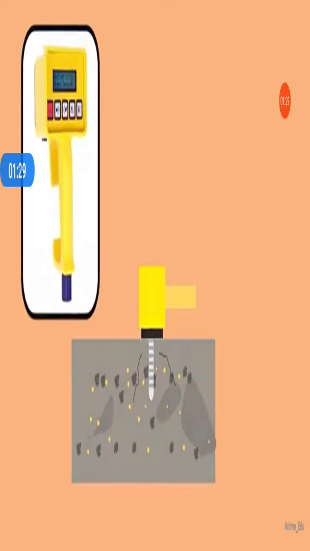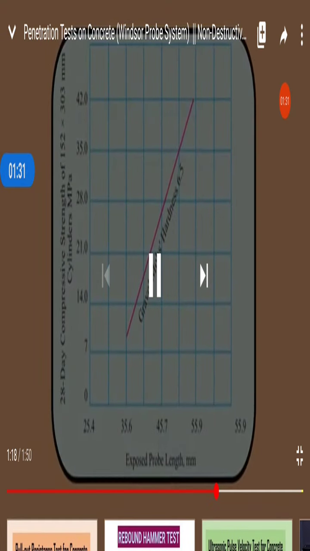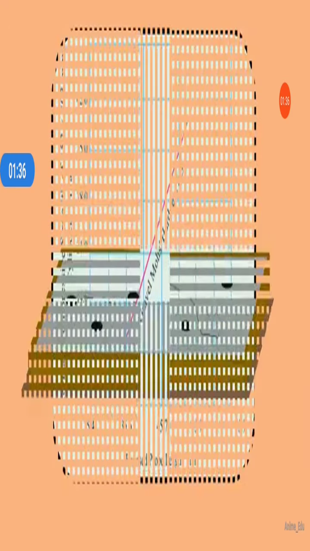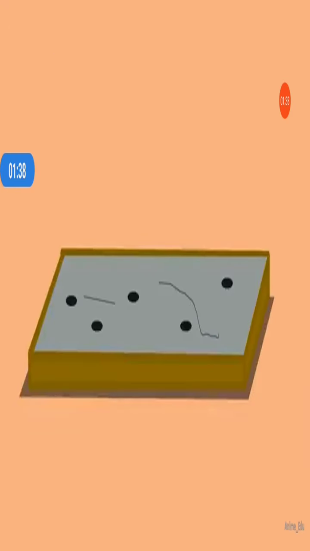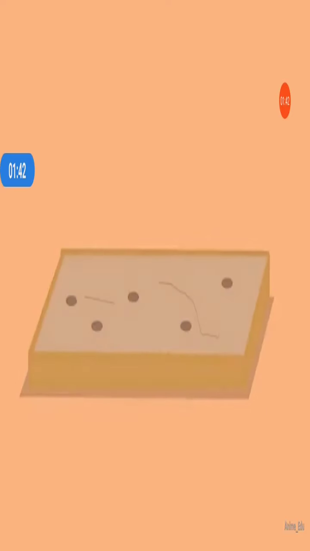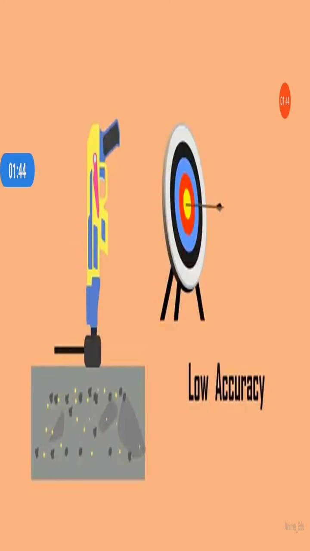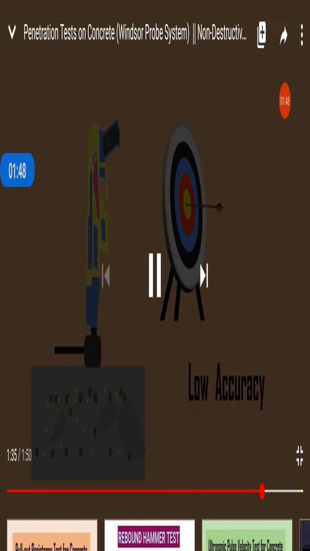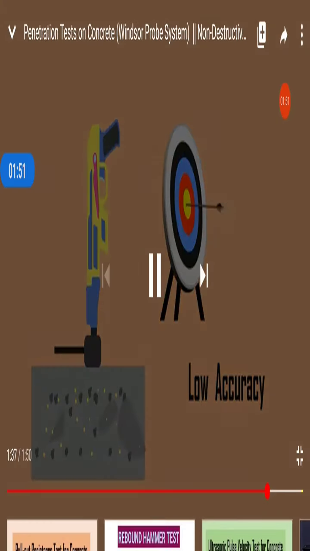The depth of penetration is generally correlated with the compressive strength of concrete. The main disadvantage of this method is it makes a hole and damages the structure, and the accuracy of the result is quite low compared to other testing methods. Thank you for watching.